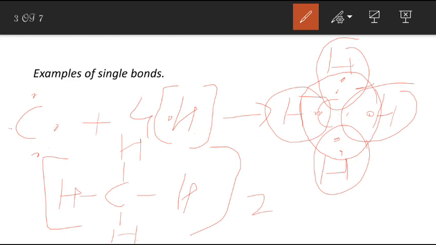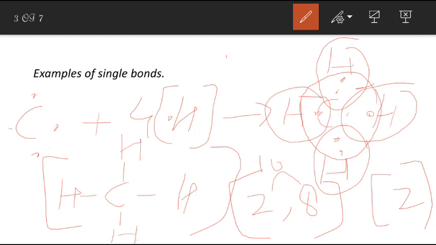So the electronic configuration of carbon becomes 2, 8, and that of hydrogen becomes 2. 2 plus 8, total number of electrons becomes 10, and this is the atomic number of neon, and 2 electrons is the electronic configuration of helium.